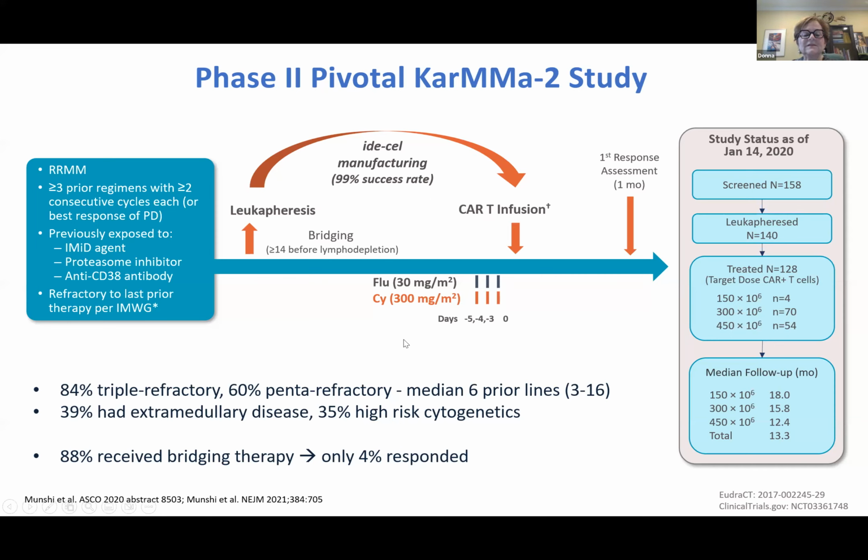It takes about 5 weeks to process, to make the ide-cel CAR T-cell product. So again, when you take people that nothing works and you give them bridging, which the majority received, it doesn't work most of the time, which flags one of the first issues: it takes too long, you know, when you're treating this high need population.